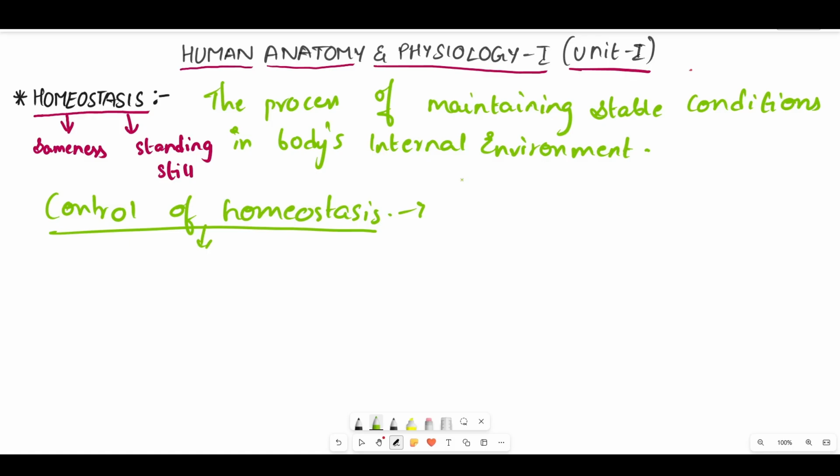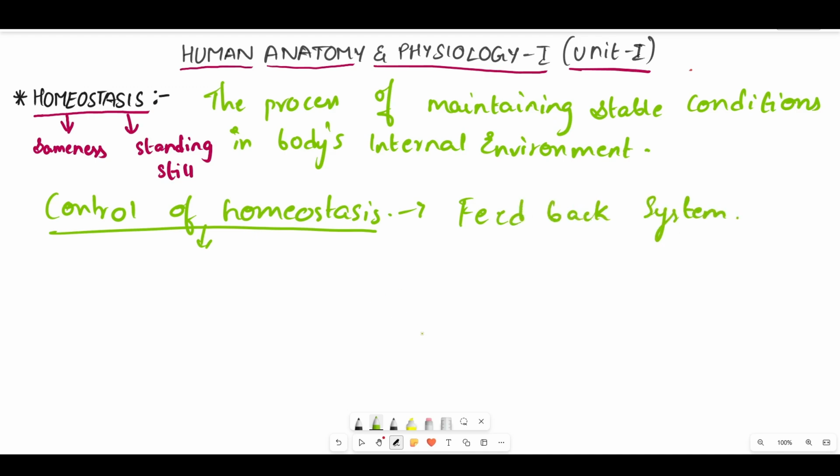To bring this internal environment back into balance, we have two systems, the nervous and the endocrine. These two systems work together to get this back into the normal state. To control this, we require a system called the feedback system.